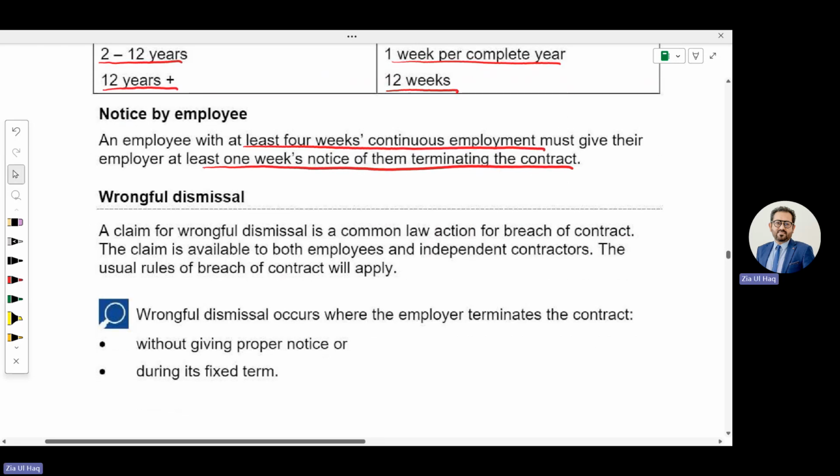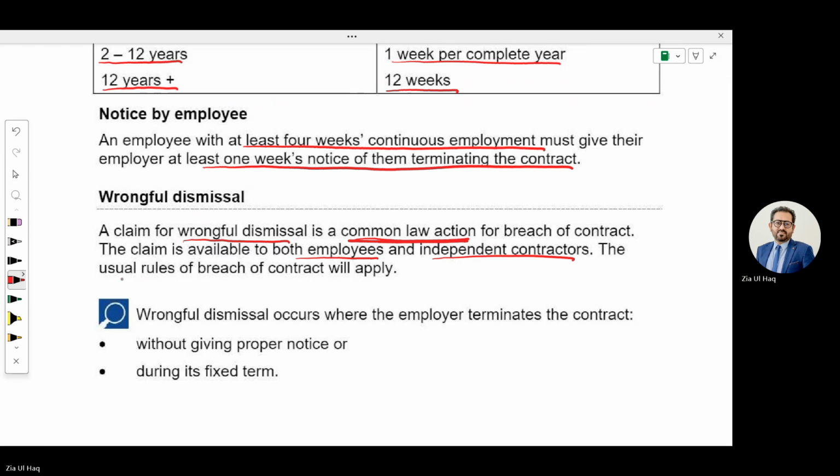Wrongful dismissal. A claim for wrongful, unfair dismissal is a common law action. Under common law, an employee can sue for damages for breach of contract. The claim is available to both employees as well as independent contractors, self-employed.